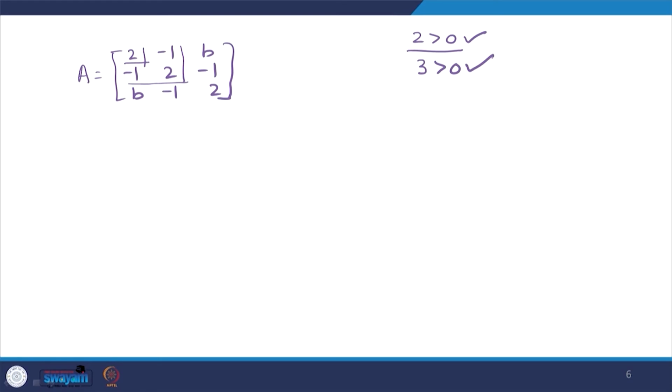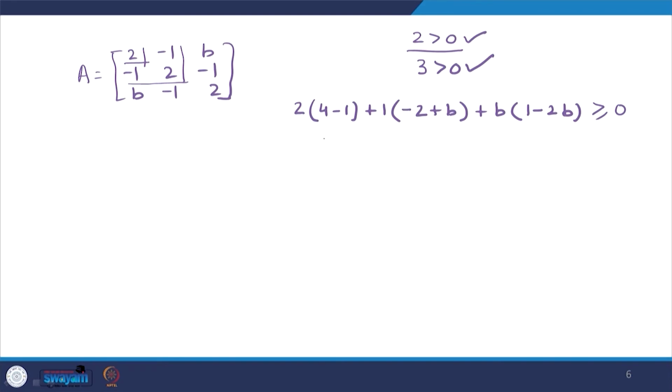The determinant will be 2 times 4 minus 1, plus 1 times minus 2 plus B, times 1 minus 2B, and for being positive semi-definite it should be greater than or equal to 0.